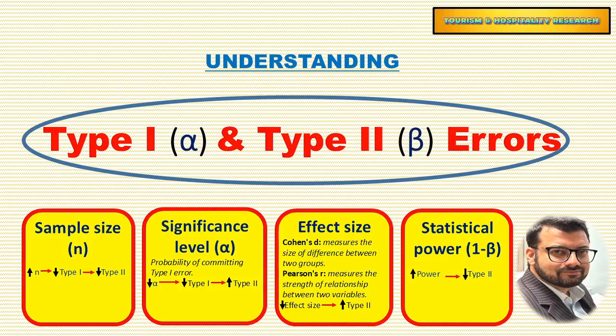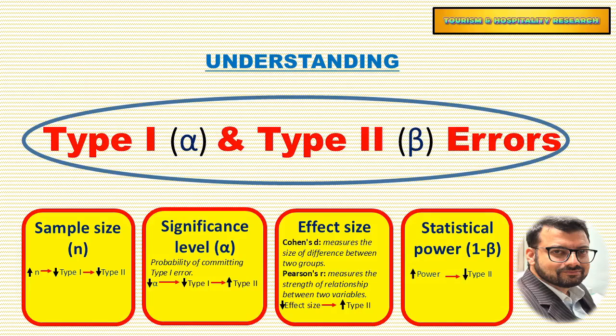Then we talk about the effect size, which is measured using Cohen's d. When do we use Cohen's d for measuring the effect size? It measures the size of difference between two groups.